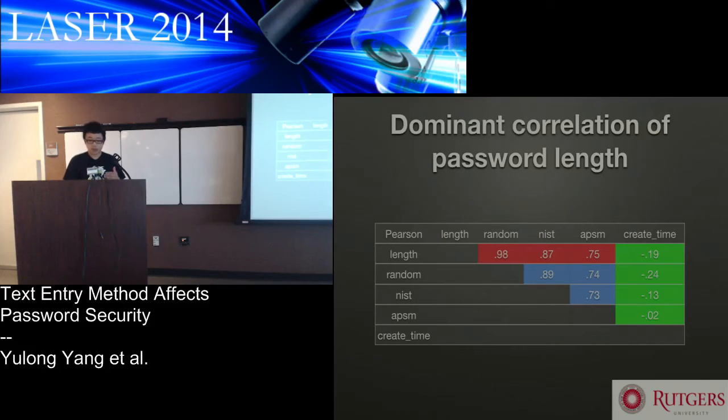So we think one possible reason that we get similar scores across the groups when we have different password structure across the groups is probably because the security metrics we used are not accurate enough to reflect the true security given one single password.